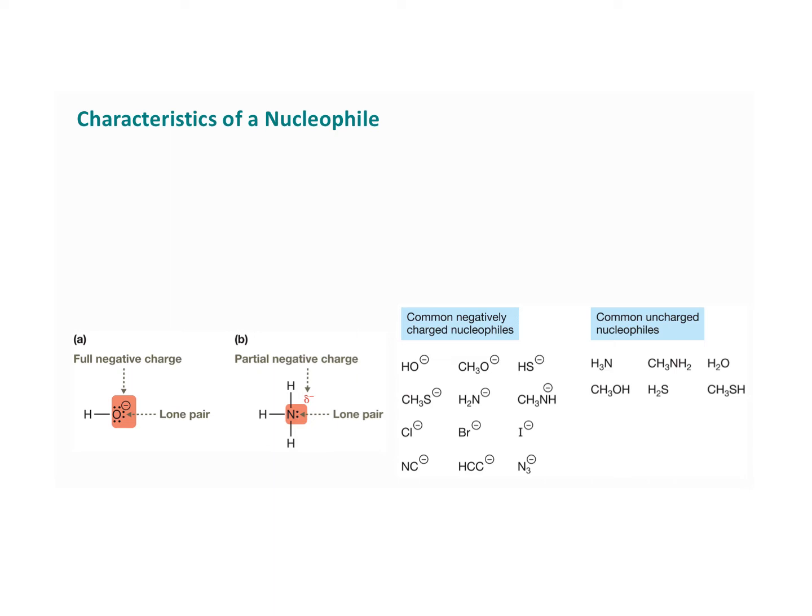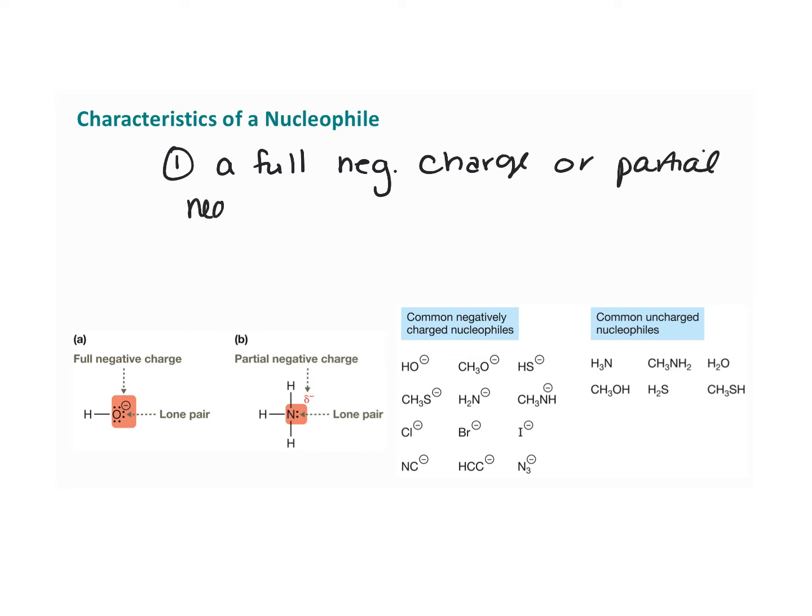So how do we recognize common nucleophiles? Species that act as nucleophiles in SN2 steps generally have an atom with the following two features. It's got a full negative charge or a partial negative charge. So that's a nucleophile. Or it has a lone pair of electrons.